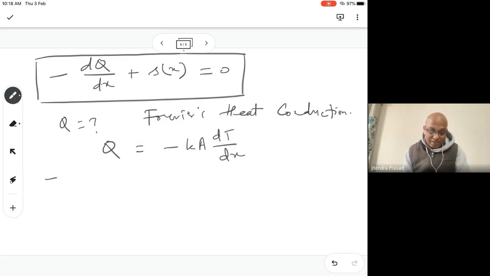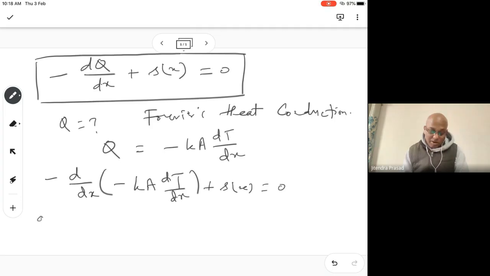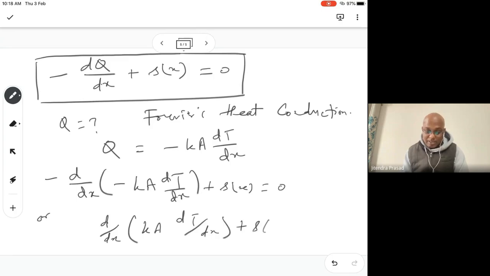So we get minus dq over dx, sorry, minus d over dx of minus kA dT over dx, plus S(x) equal to 0, or you get d over dx of kA dT over dx plus S(x) equal to 0. So this is the equation of heat conduction.